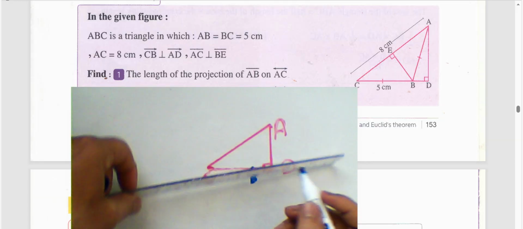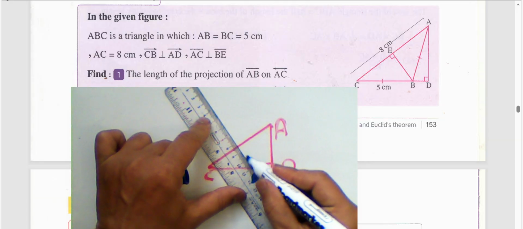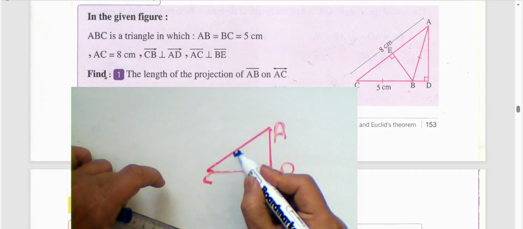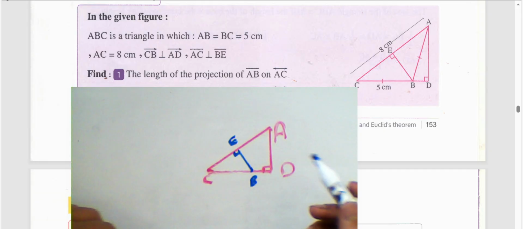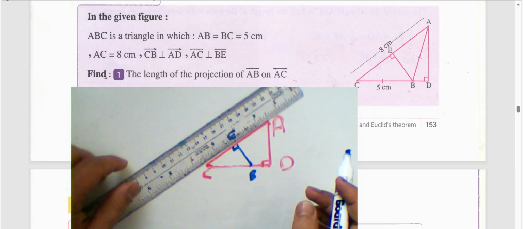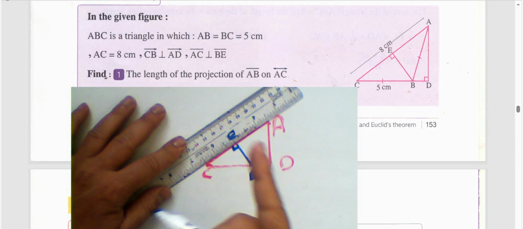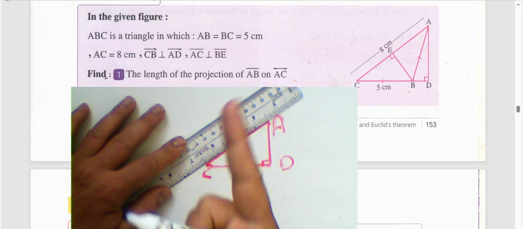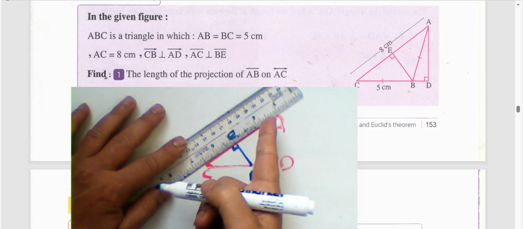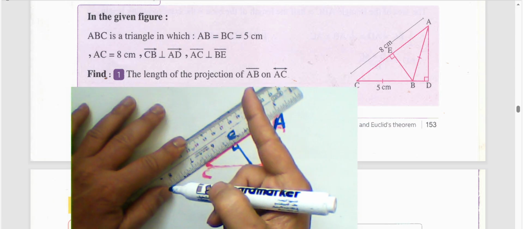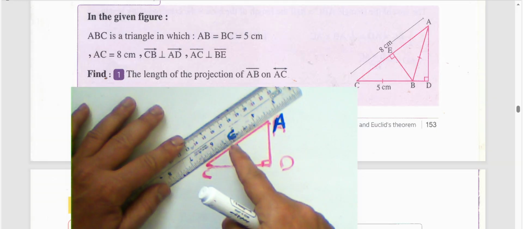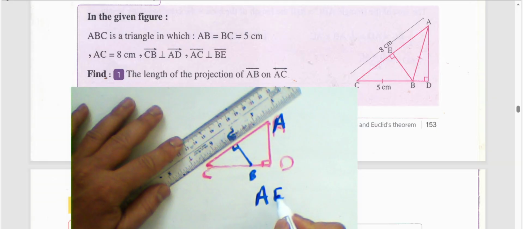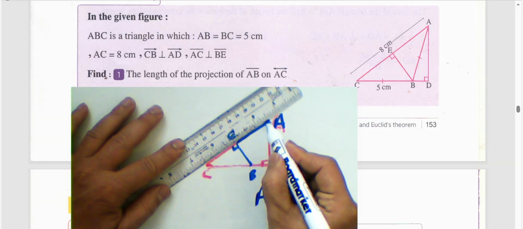We have here point B and point D. Then I want to find the projection of AB on AC. Put the ruler here on AC. Look, he wants to find the image of what? AB. The image of A will be A, because A belongs to the line AC. The image of point B is the perpendicular foot D. Then the result will be AD. This is the projection.